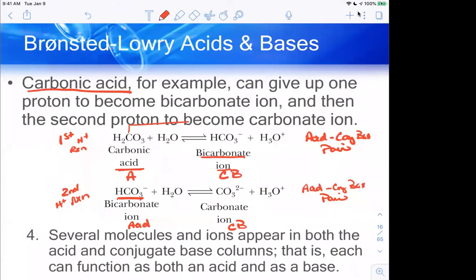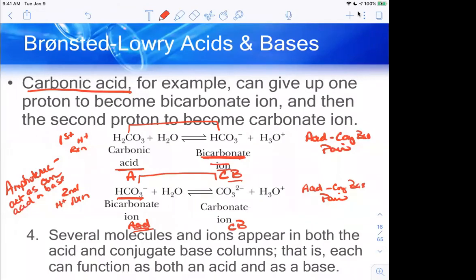I can only relate each individual stepwise pair. And notice that this bicarbonate ion is both a conjugate base and an acid. That's called amphoteric, when it can act as an acid or a base.